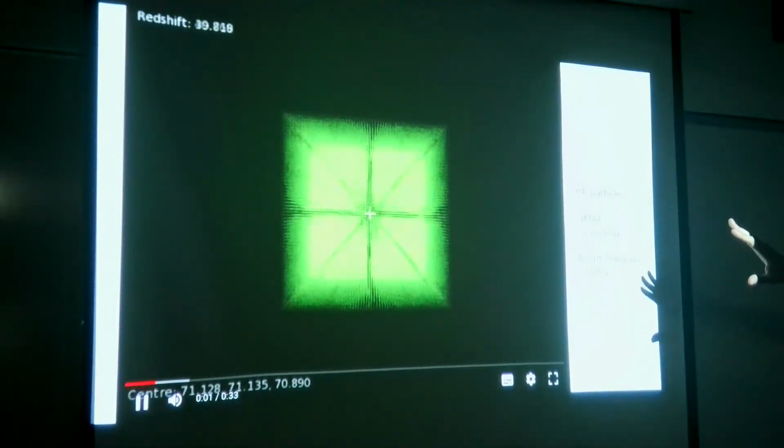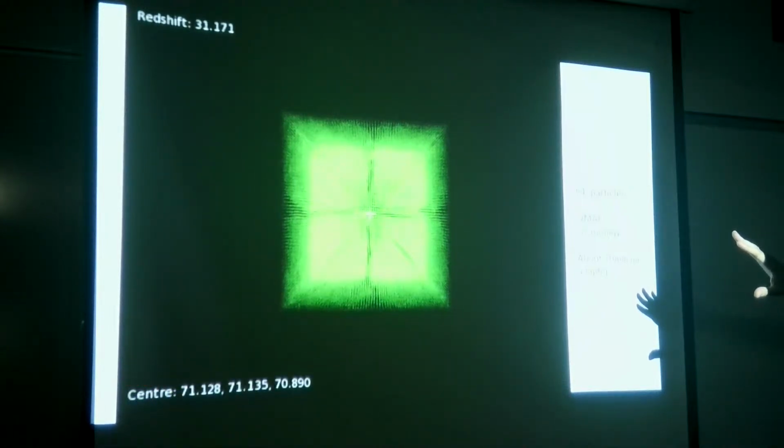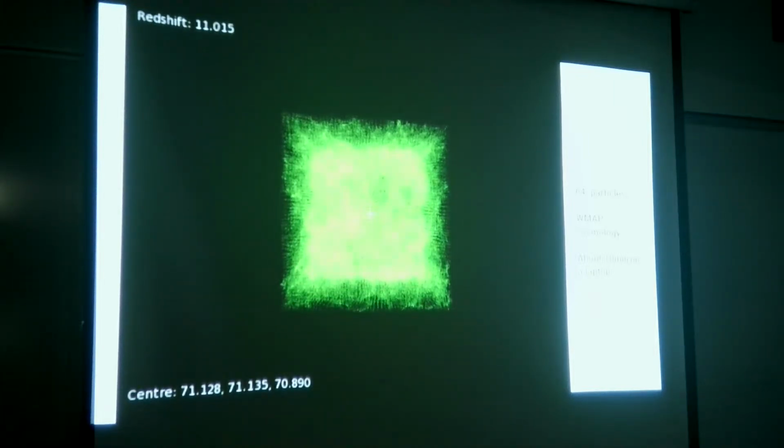So we start with a very uniform universe, think of the cosmic matter background. And again, here I've taken out the expansion. In principle, the whole universe expands, but to make the movie, we take out the expansion so we can only see what is happening on top of that. And you should see filaments forming and so on.